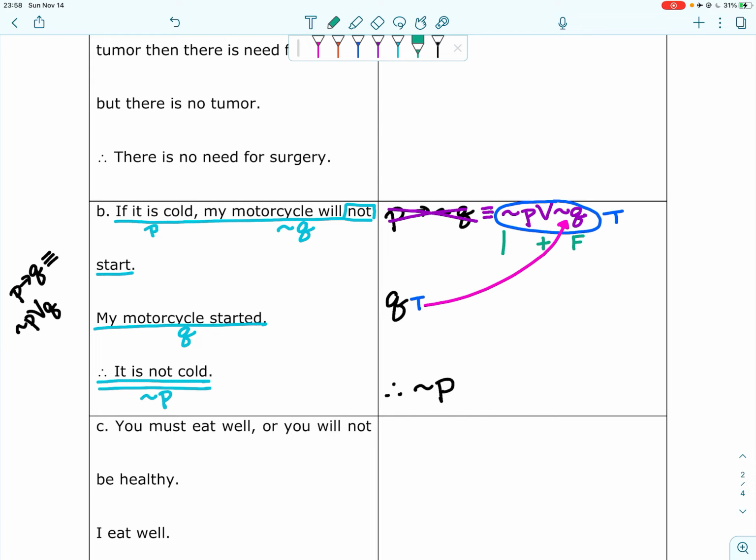And then I have this not P. The only other place that I have a not P is down here in the conclusion. I'm going to separate that conclusion with a line, just so that I can see that it's totally separate from everything else that I'm doing. So I don't know what this not P is, so I've just put a box there for right now. So I have an unknown plus a false statement, and that needs to equal a true statement.